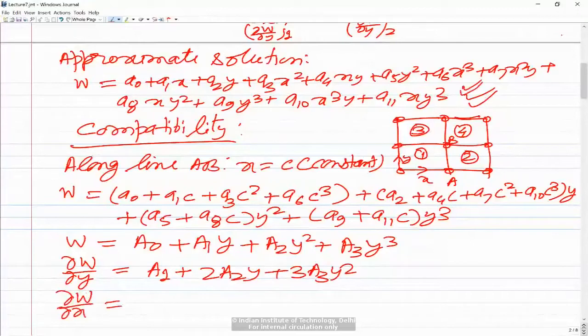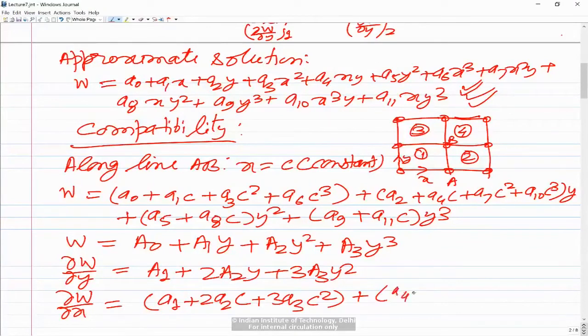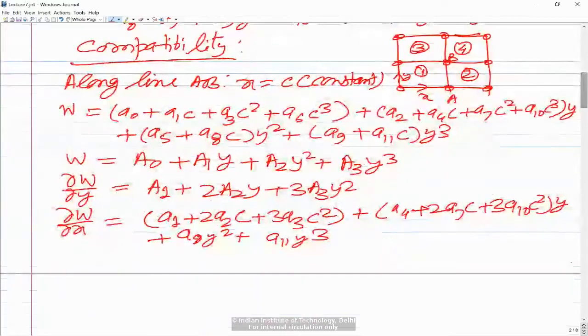So you will find that del W by del X will come out to be some a1 plus, collecting all the constant terms together, plus 3a3 c square plus a4 plus 2a7c plus 3 a10 c square into y plus a8 into y square plus a11 into y cube. So this is what you will get as del W by del X along line AB where X is constant.